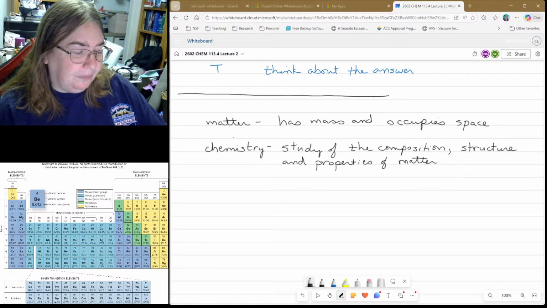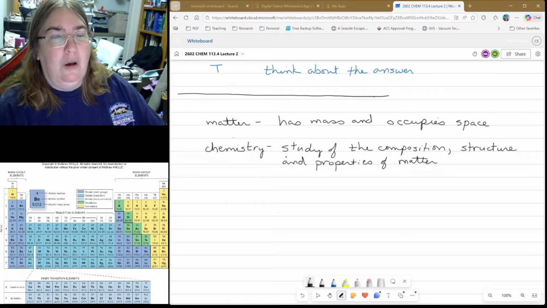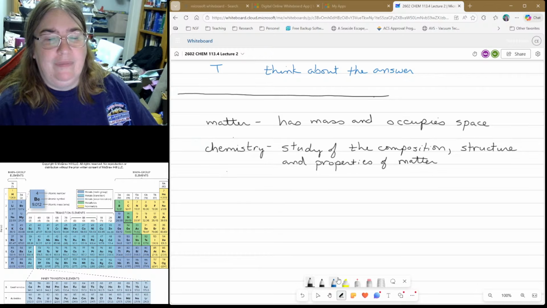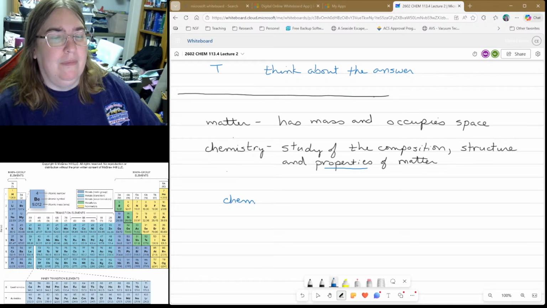Now, when we start trying to study composition, structure, and properties of matter, we tend to divide our studies of these properties into two. We have chemical properties and we have physical properties.